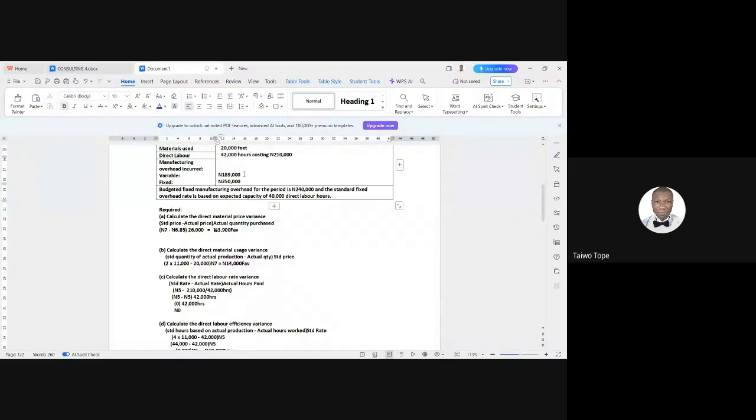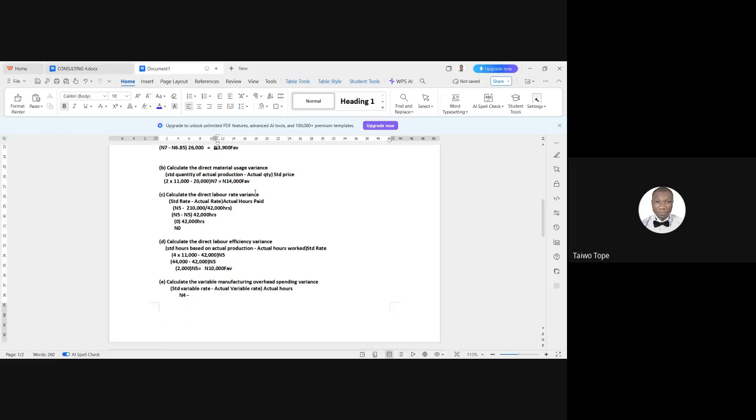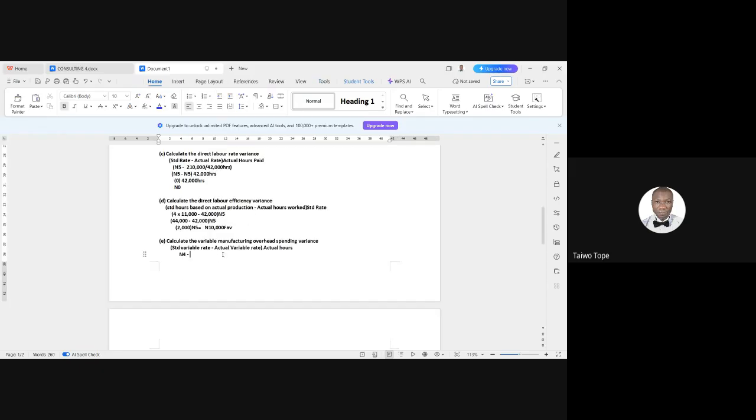If it were given directly, you wouldn't need this working. But since it is not, you need to work it out to determine your variable overhead rate per hour.